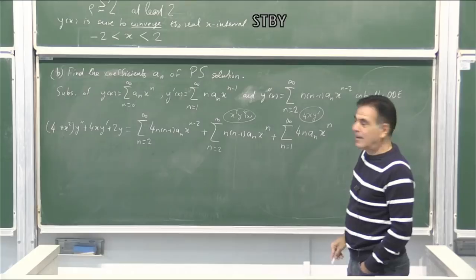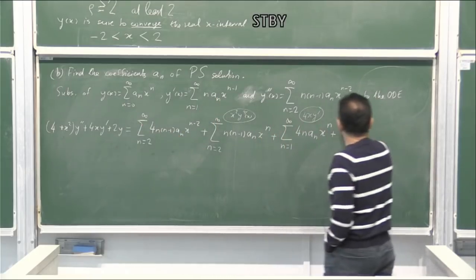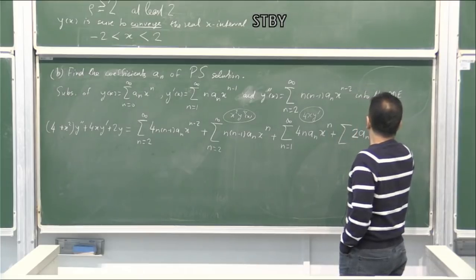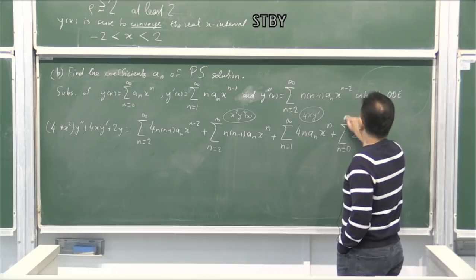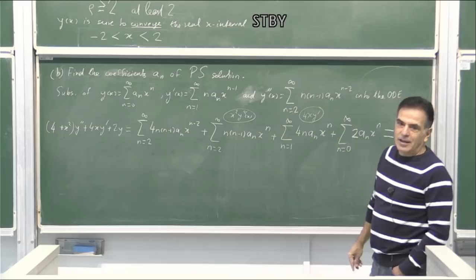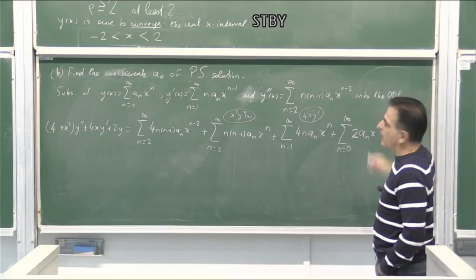Okay. And finally, 2y. So 2 times a n x to power n from 0 to infinity must be equal to 0 if the proposed power series is indeed a solution satisfying the equation.